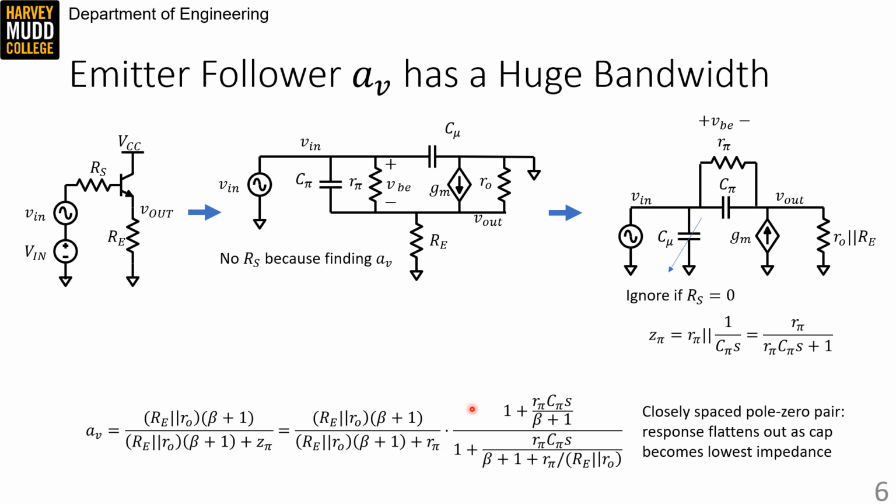The pole and zero are closely spaced in this case, right? This is divided by beta plus 1, and this is divided by beta plus 1 plus RPi over RE, so close-ish to 1 depending on how you set things up. But beta is much bigger than 1 or this ratio.